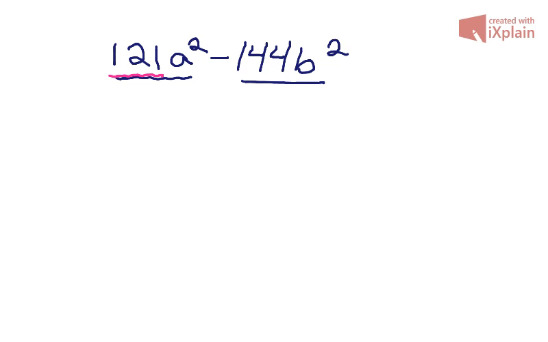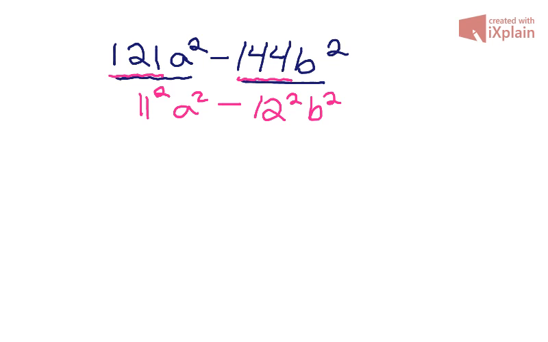If you have gone through a list of numbers before, or if you putz around on your calculator, you'll find that 121 is actually 11 times 11, or we would say 11 squared. 144 probably looks slightly familiar, and that is 12 times 12, or 12 squared. So really what you have here is 11 squared a squared minus 12 squared b squared.